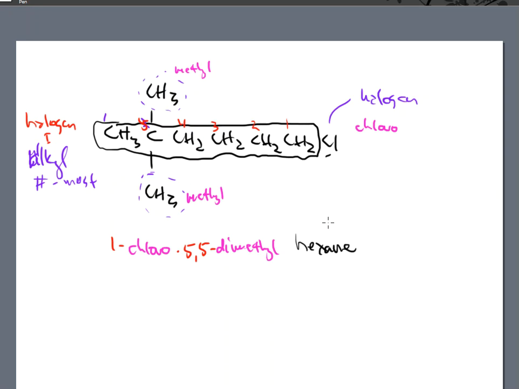Okay? All right, let's do another example. This one will have a ring. There we go, a 5-membered ring. And we have an I, and we have a CH2CH3.